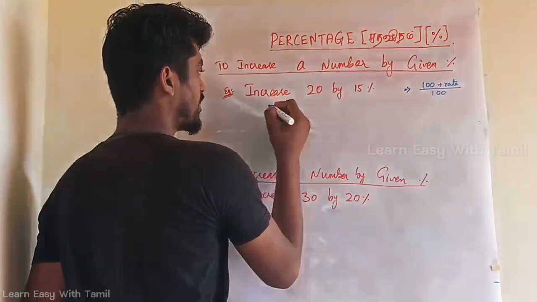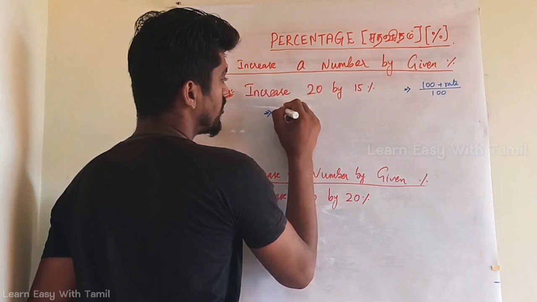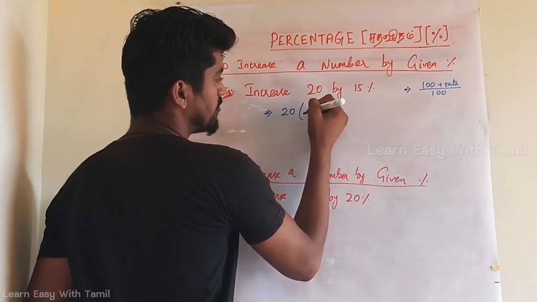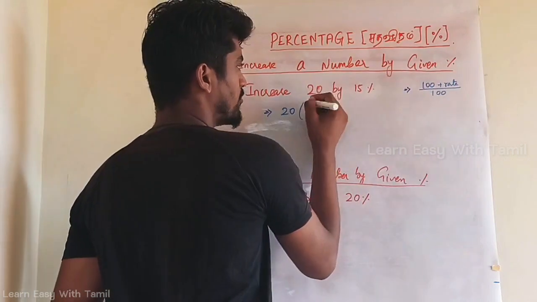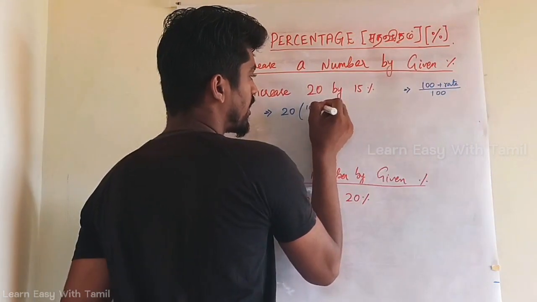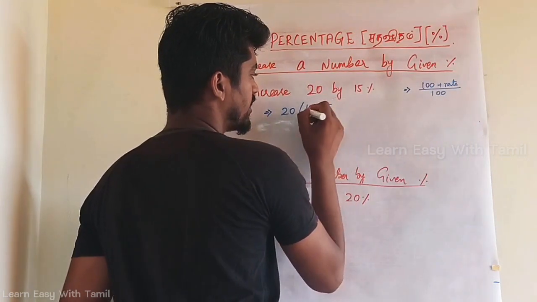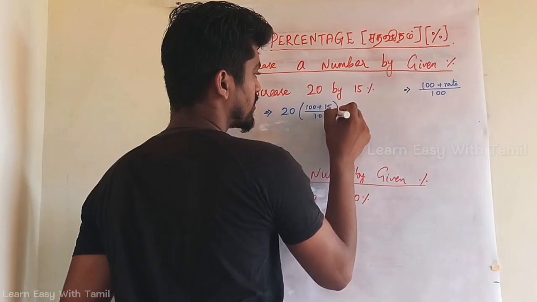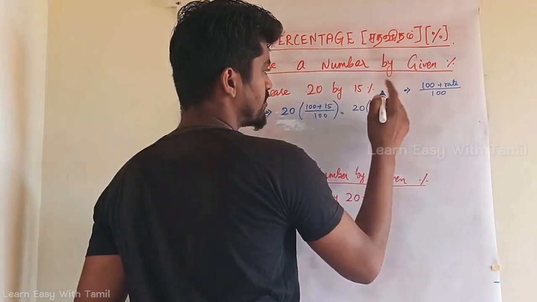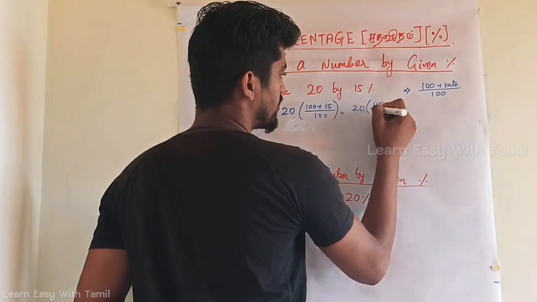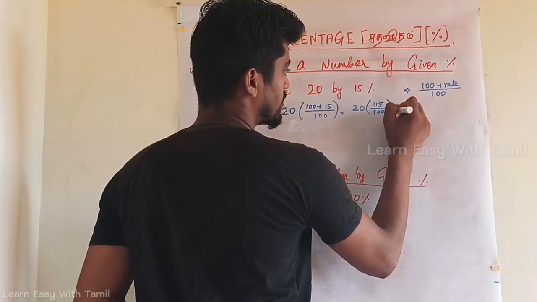So we write the value of 20 which is increased by 15%. Multiply with 100 plus 15 divided by 100. We write 100 plus 15, 115, divided by 100.